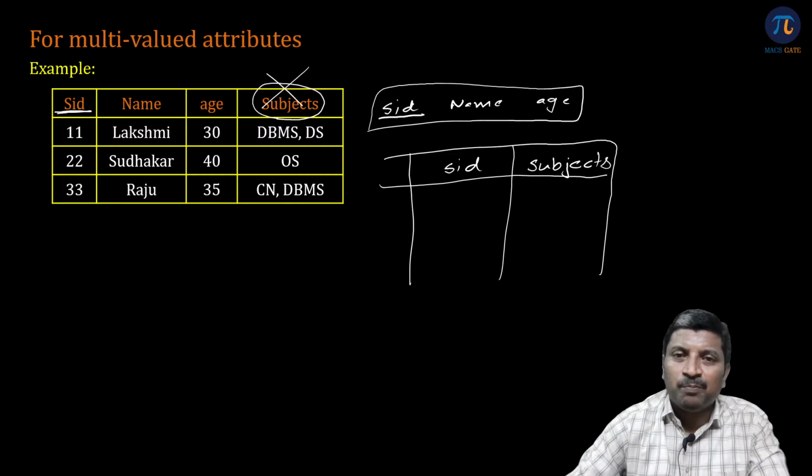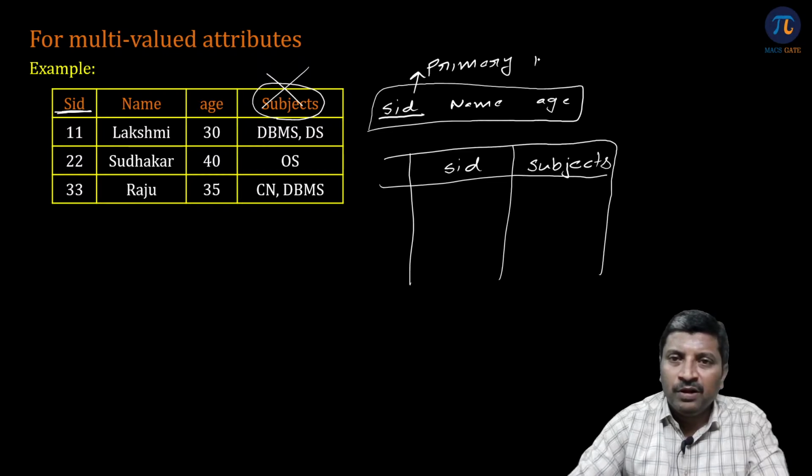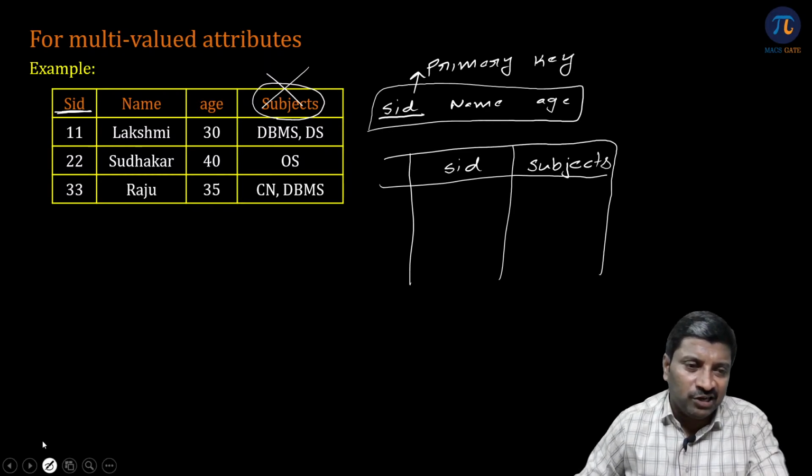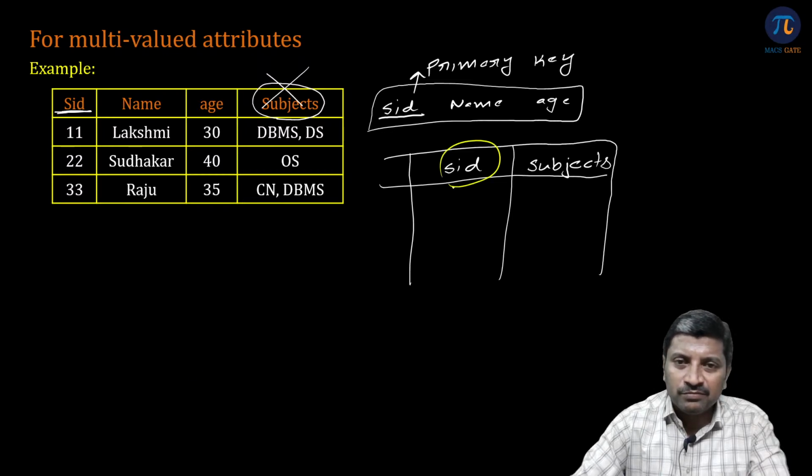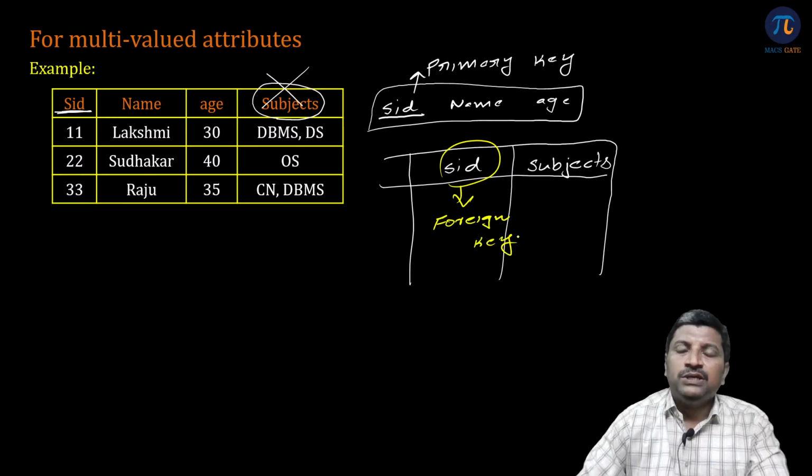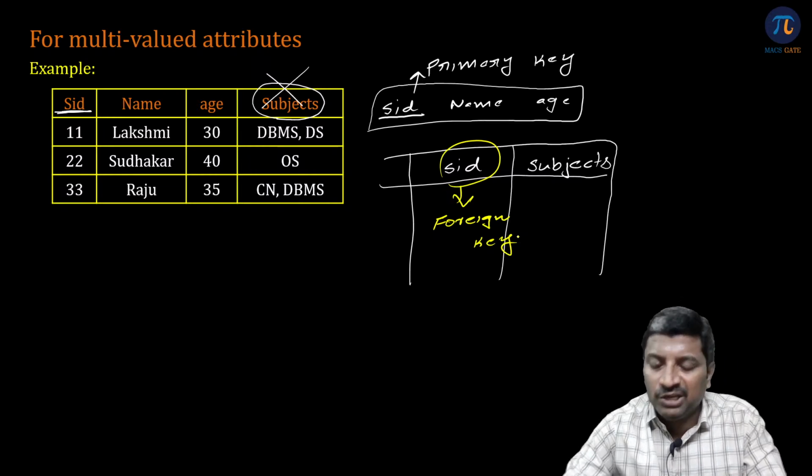So here this is the primary key, and that primary key we attach here in the second table as a foreign key. Right? So this is the third possibility which generally people will prefer.